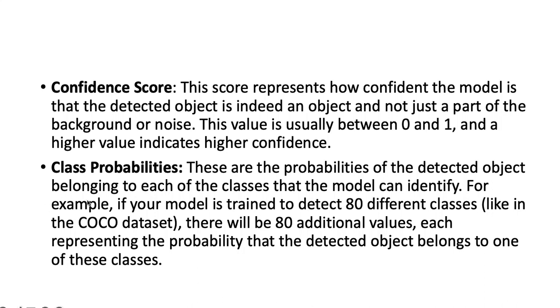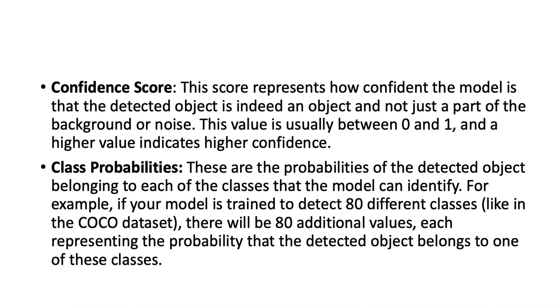And then these class probabilities are the probabilities of the detected object belonging to each of the classes that the model can identify. As we have seen, YOLO is trained on COCO, which contains 80 different classes. So there will be 80 additional values in the output produced by the output layer.